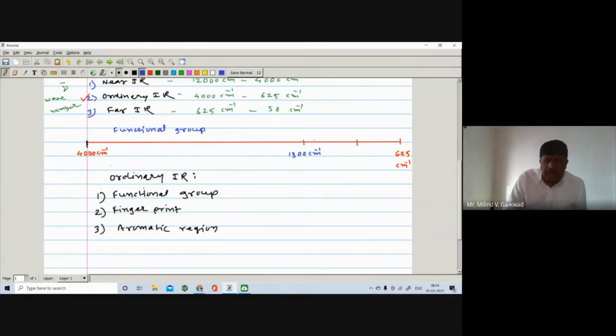The second part is called the fingerprint region. It starts from 1300 to 909 centimeter inverse.